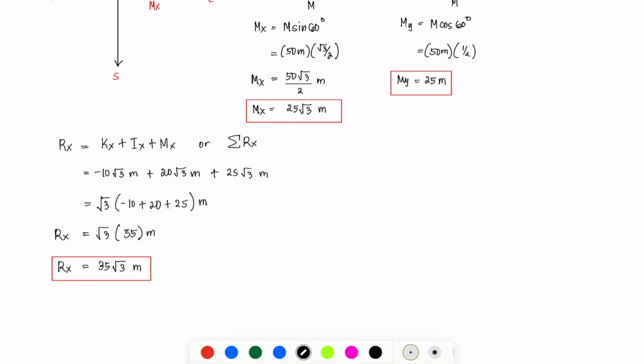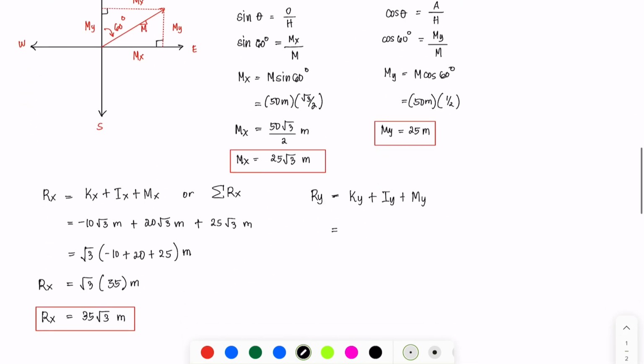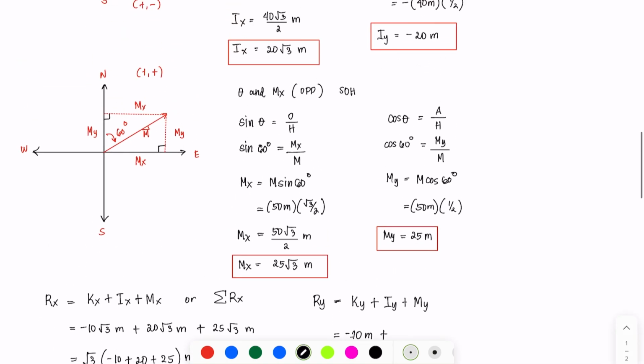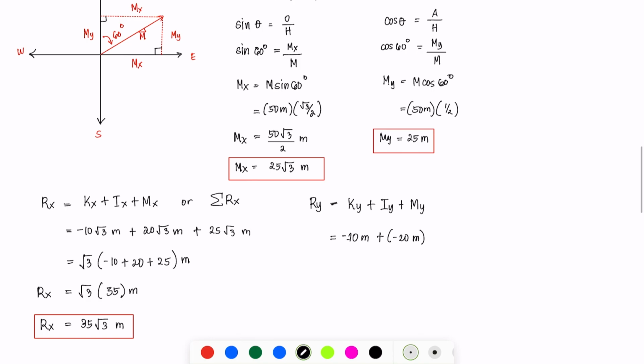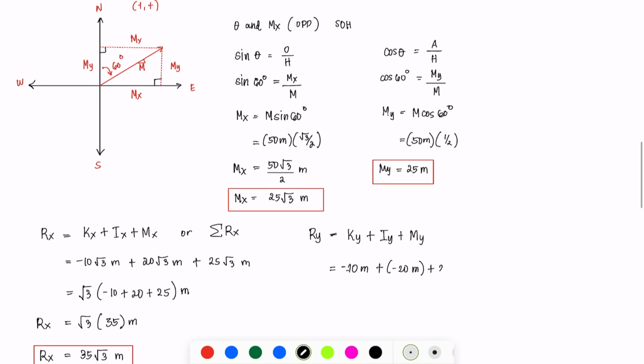R sub y is practically the same, except you're simply adding all the y components of all the vectors. So it's K sub y, I sub y, plus M sub y. Looking back at our answers, K sub y is negative 10 meters. Your I sub y is negative 20 meters. And your M sub y is positive 25 meters.